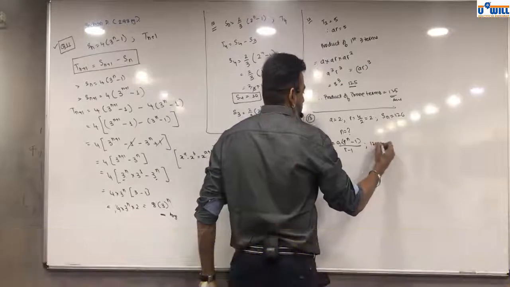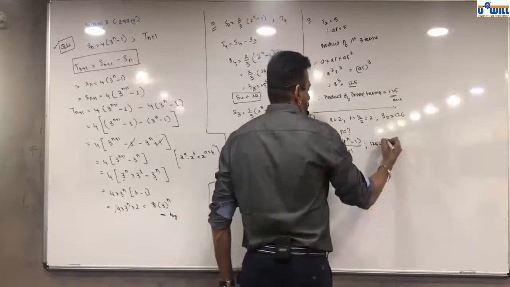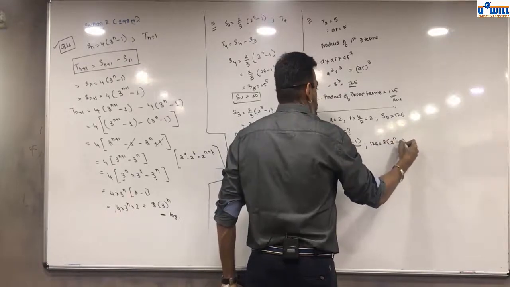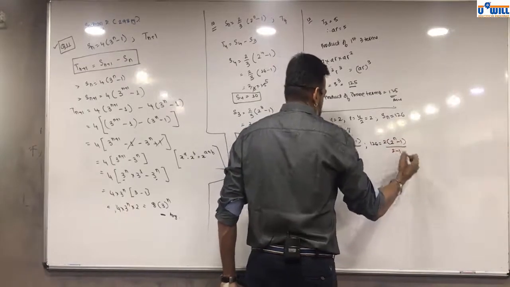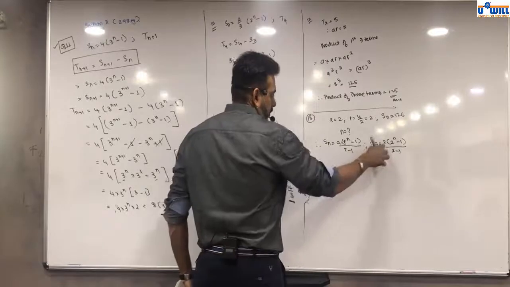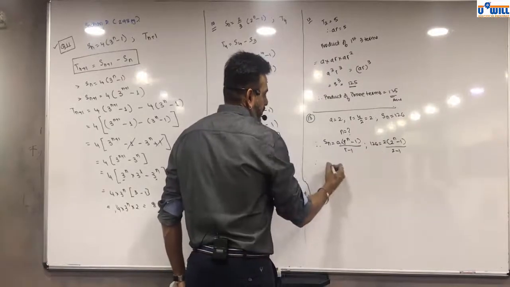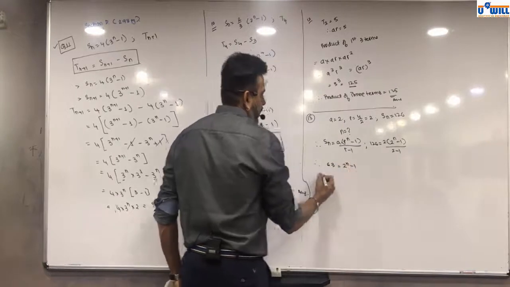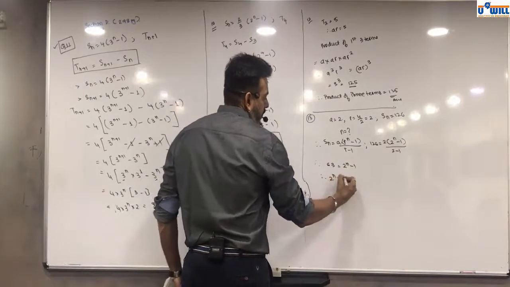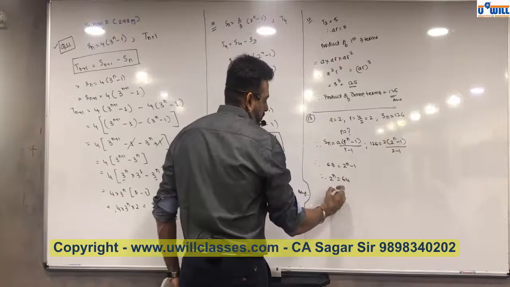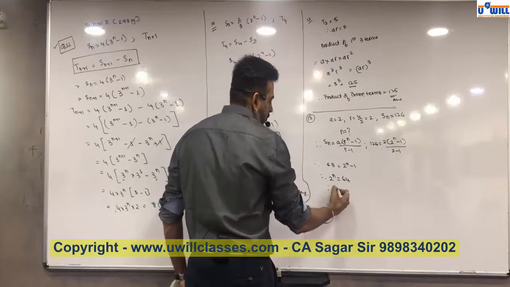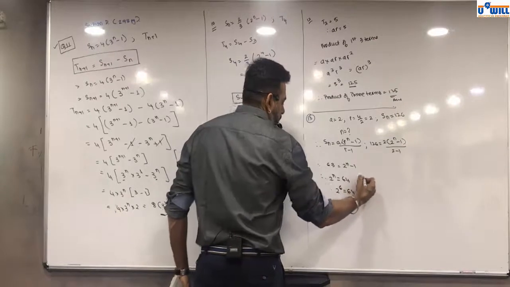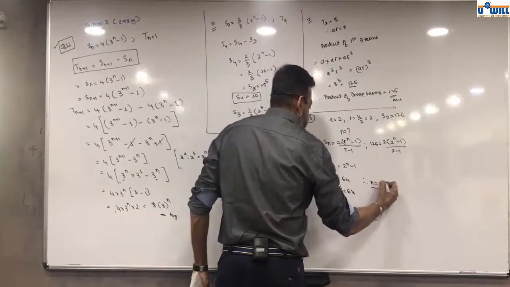So 126 is equal to A is 2, R is 2, upon 2 minus 1 is 1. ये 2 यहाँ पे आ जाएगा, so it will be 63 is equal to 2 raised to n minus 1. So 2 raised to n is equal to 64. 2 raised to how much is 64? 2 raised to 6 is equal to 64. Therefore, n is equal to 6.